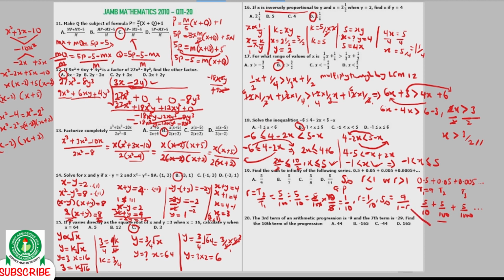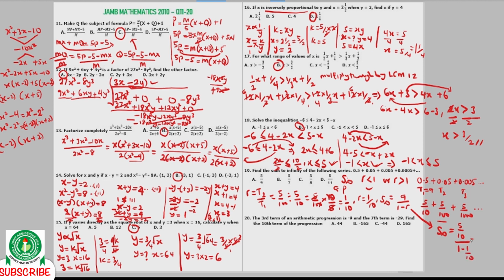Coming down here, the sum to infinity is equal to A. Our A is the first term, which is 0.5, turned to 5 over 10. So we have 5 over 10, all over 1 minus our R, which is 1 over 10.